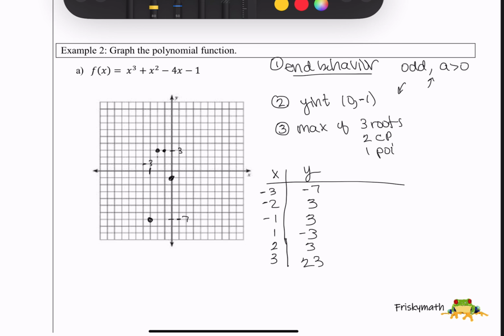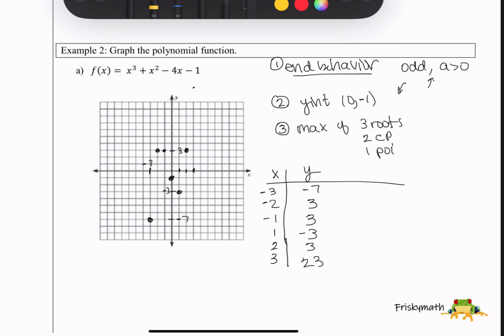Okay, we'll have to come back and think about that. Then I'm back down below the x-axis for my y-intercept. Then at 1, I'm still down at -3. At 2 now, I'm back up above the x-axis at +3. And at 3, I'm way up there, way up here somewhere at 23.